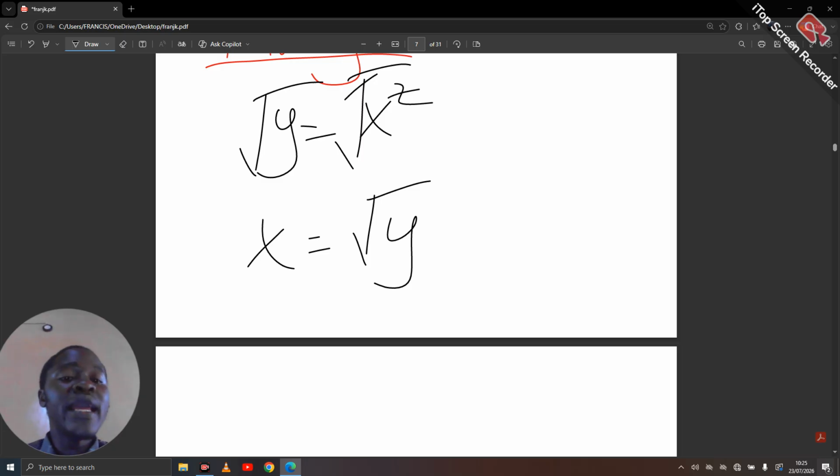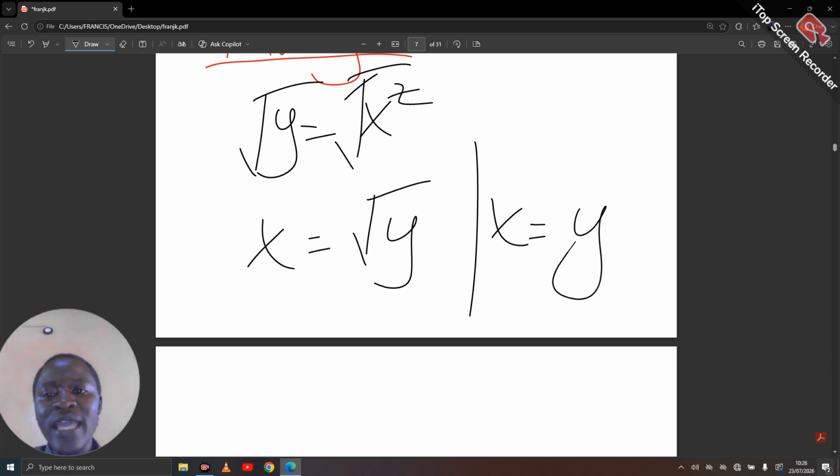Root y can also be expressed differently. You must do a deep revision. Remember, if you just leave your answer like this, it will not make sense as a smart student trying to navigate a difficult question in mathematics. Rather, if I were you, my answer would be x equals y power a half, which is the same thing.